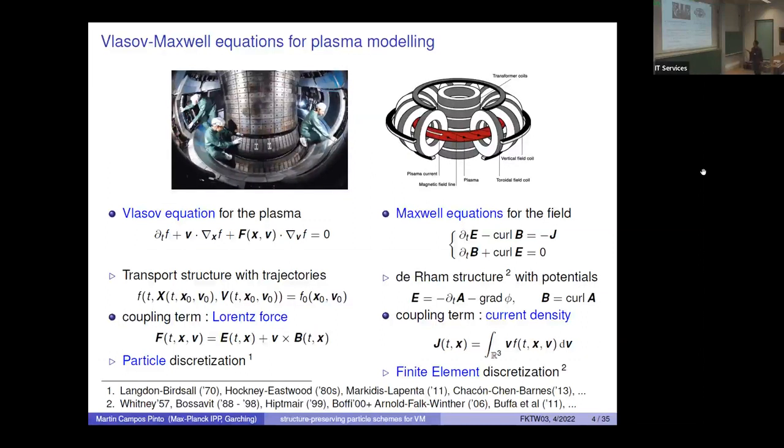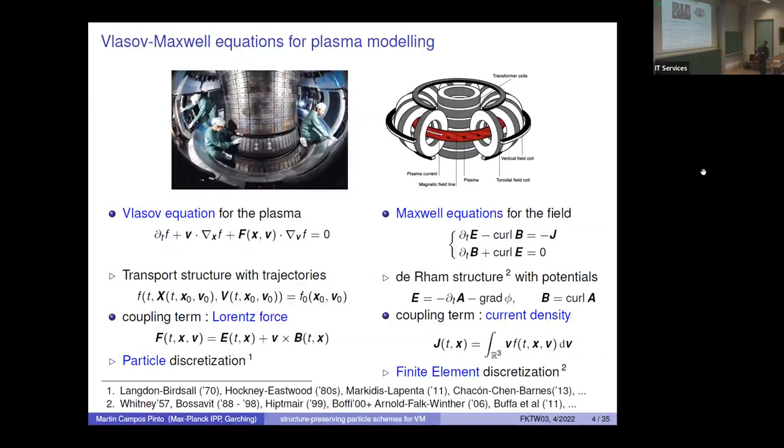And in the Maxwell equations, you have also a structure, namely a de Rham structure between the two fields, and that also involves relations with the potentials, the electrostatic potential phi, and the vector potential A. Here, the coupling terms are a key element in the system.